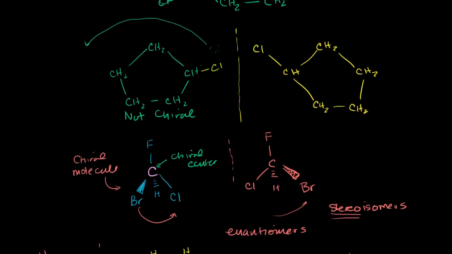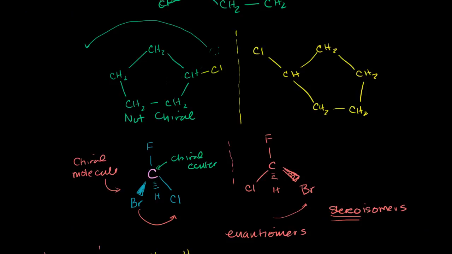But you see over here, this is not a chiral center because there's an axis of symmetry for this molecule that goes through that carbon. You can draw an axis of symmetry that goes exactly through that carbon. The way I drew it, it's not completely neat, but you can see that that is the reflection of that if I were to draw the bonds a little more symmetric.